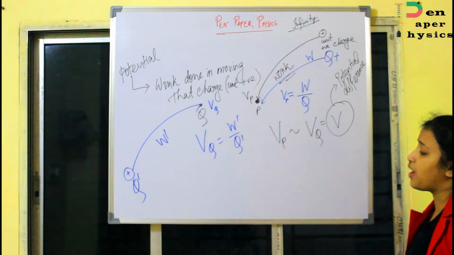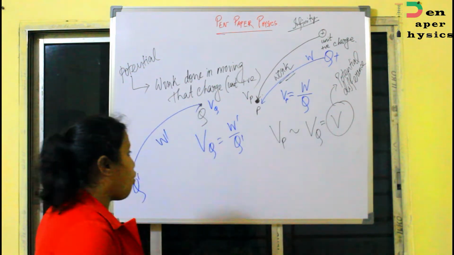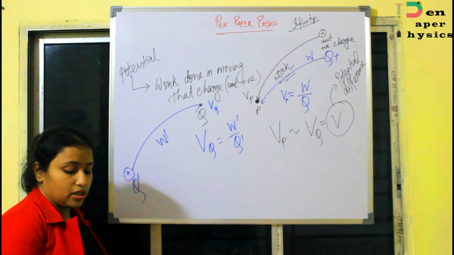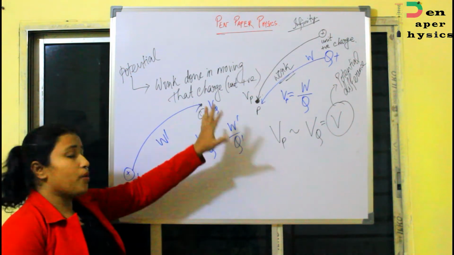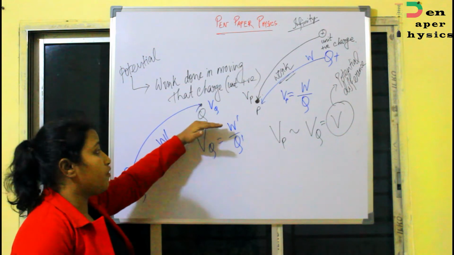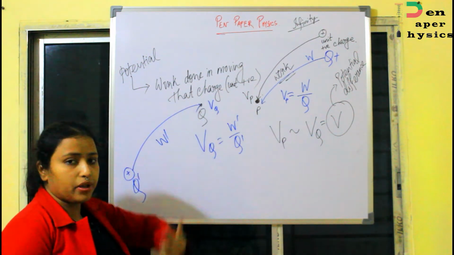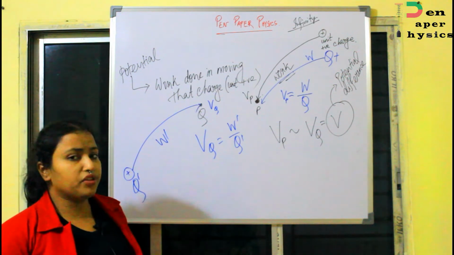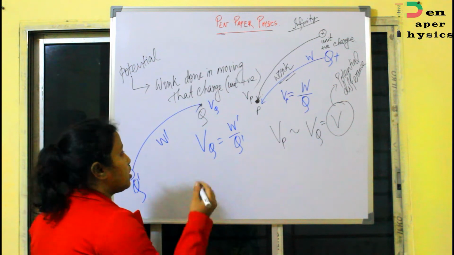Now if I want to find the unit for potential difference, first we will go for the definition of potential difference. We have already understood the definitions of individual potentials: from infinity to that point you are bringing the charge, doing work, divided by charge, you will get the potential. But what about the potential difference?